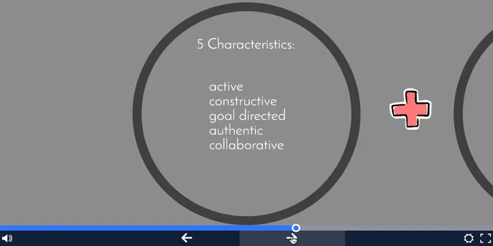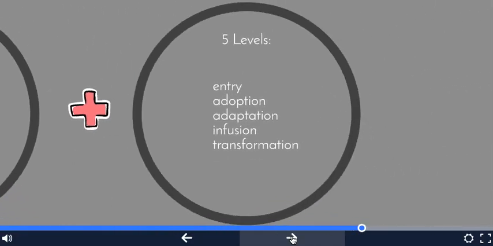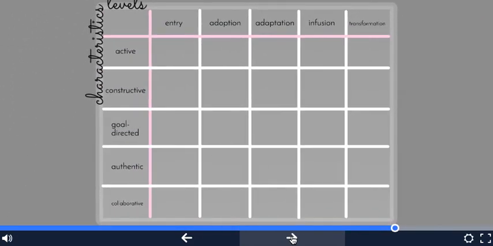The 5 characteristics are active, constructive, goal-directed, authentic, and collaborative. You combine that with the 5 levels: entry, adoption, adaptation, infusion, and transformation. And you end up with a matrix something like this.